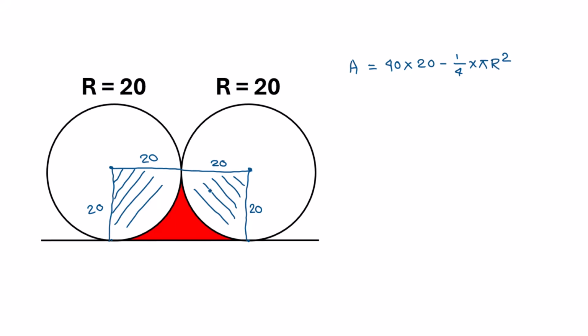Now this area is also the same as this area, so 2 times this quarter circle, so times 2, is equal to 40 times 20, this is 800, minus this 2 divided by this 4.